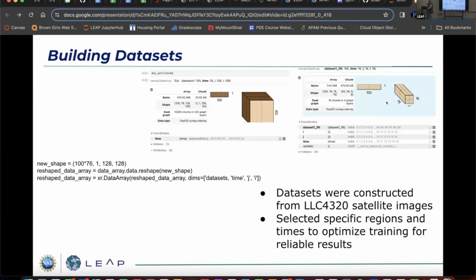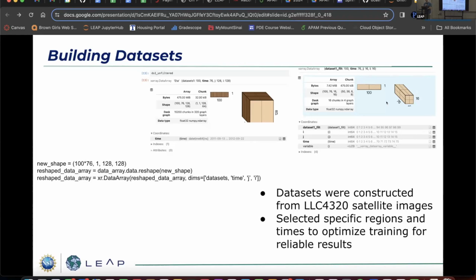So essentially, in order to do this, we had to start out by creating two data sets to train the machine learning model. The first one is essentially one region in the ocean that was 1280 by 1280 pixels, and in that region, there are 76 different times at which each image was recorded.